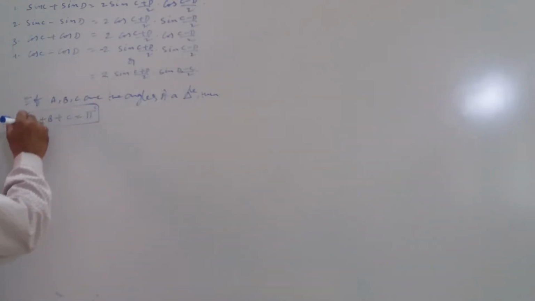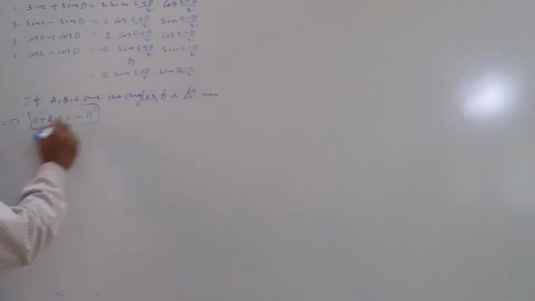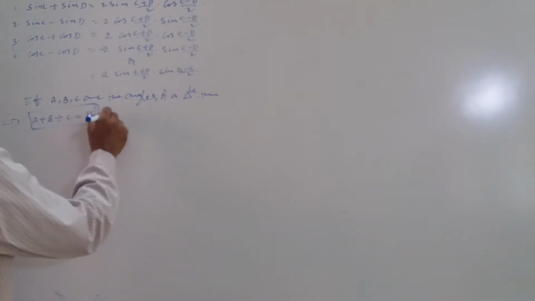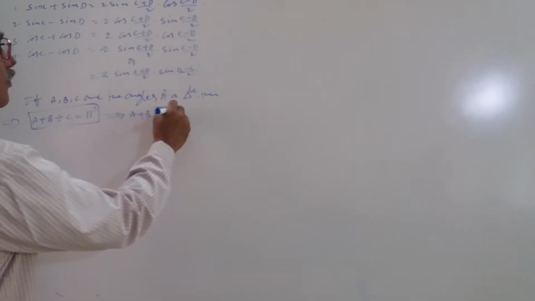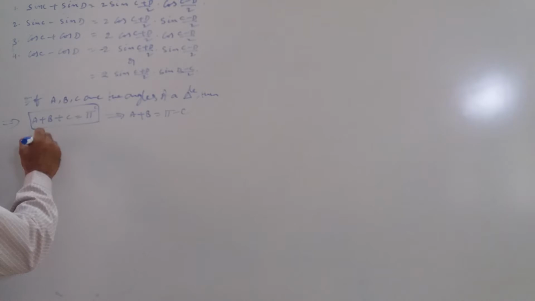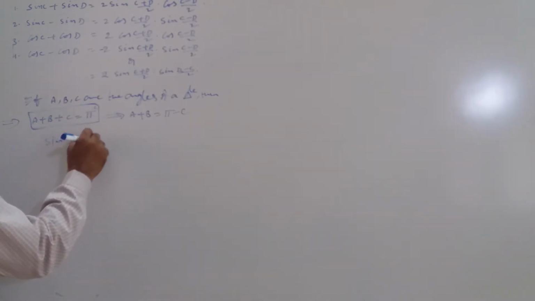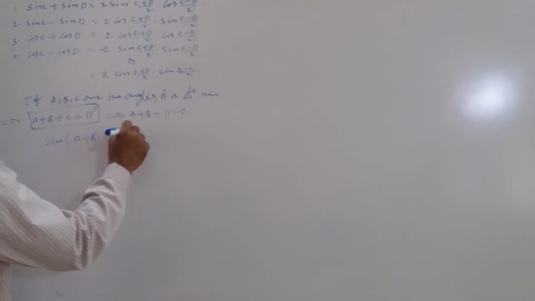If A plus B plus C is equal to pi, that implies A plus B is equal to pi minus C. By taking sin on both sides, sin (A plus B) is equal to sin (pi minus C).